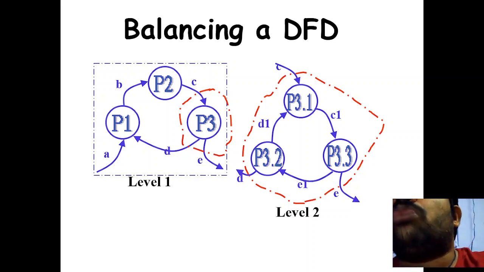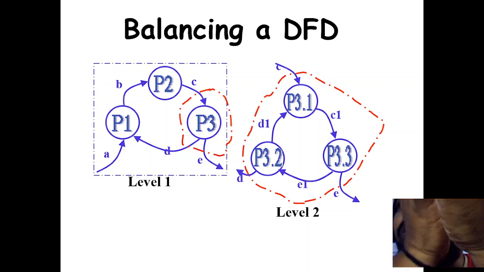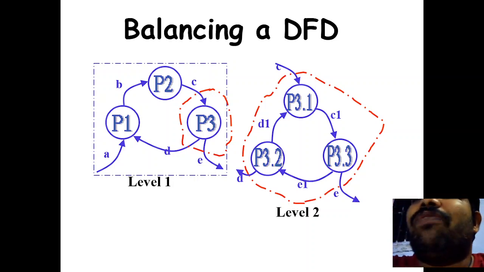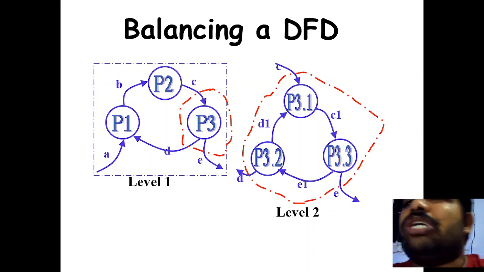In that case, we need to identify whether the data is moving from level 1 to level 2, and which operations are moving to level 2, and these are to be identified and maintained. Here P3 is again divided into level 2.